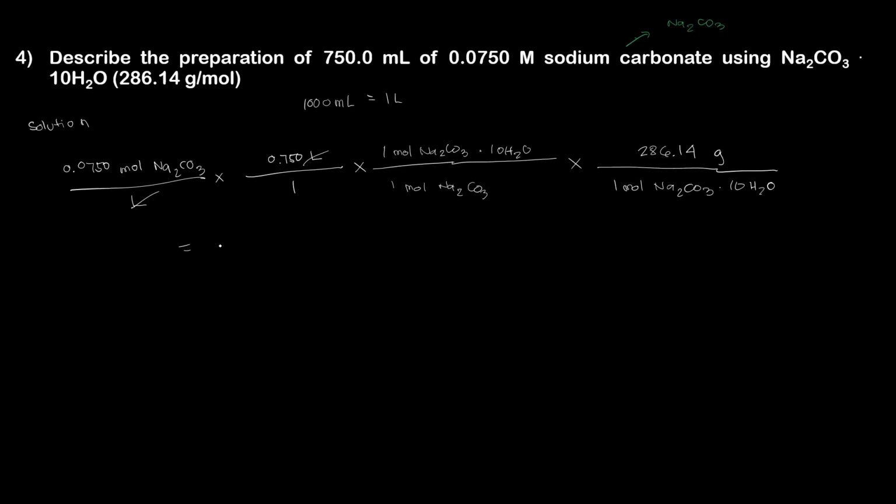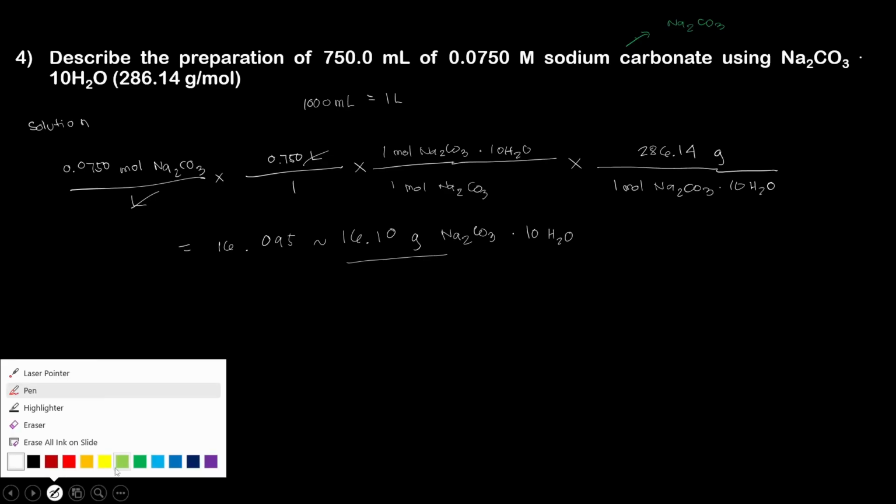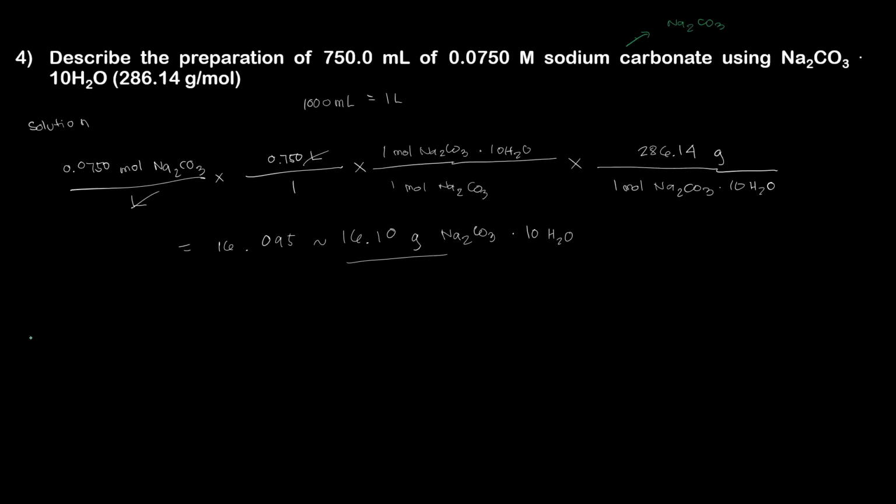Solving this, we will have 16.095, or just 16.10 grams. I just round it up. So this is 16.10 grams of Na2CO3·10H2O.